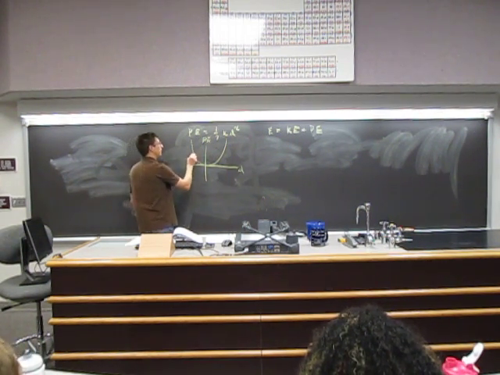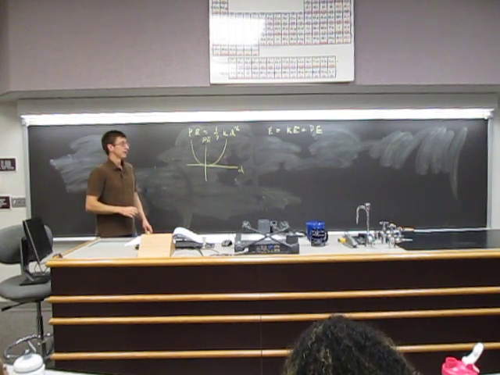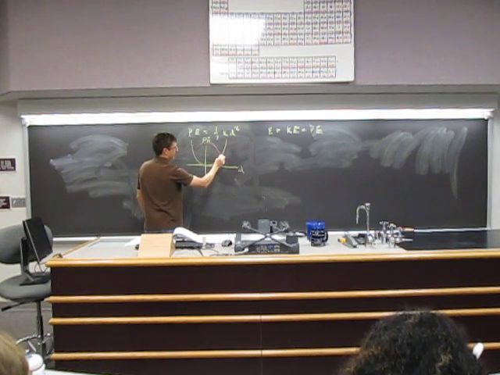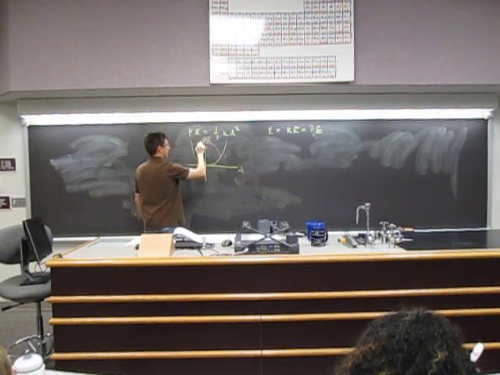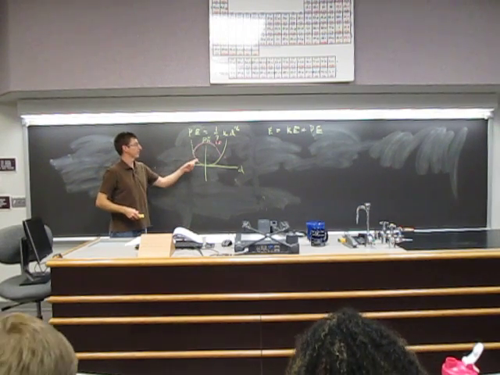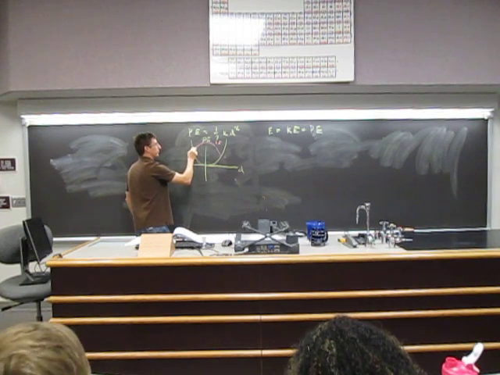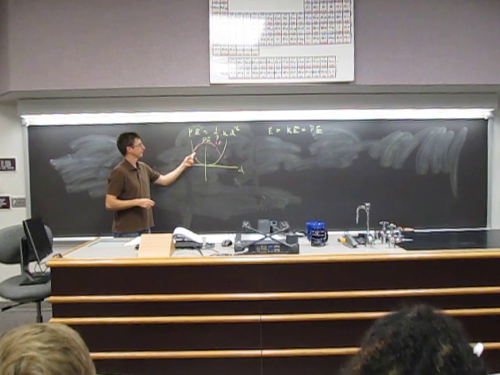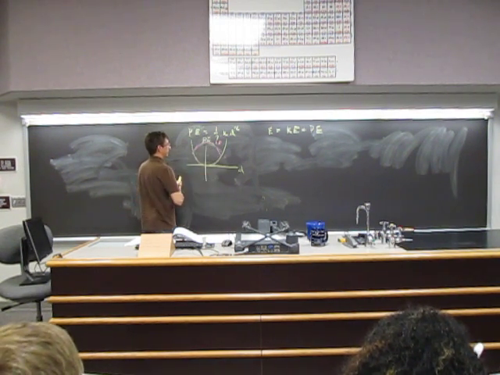So if I put total energy, say something like this, then the kinetic energy would have to look something like this, so that at any given point, the sum of the potential energy plus the kinetic energy would equal the total energy.